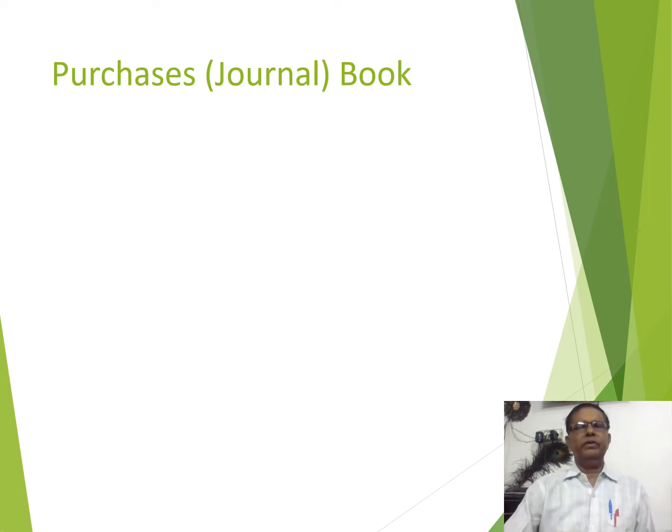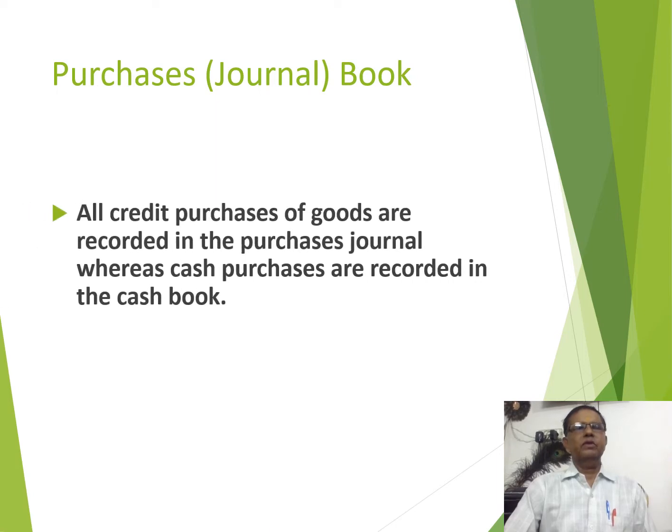Today we are again proceeding to the next part of our accounting basics, that is the purchase journal book. So all credit purchases of goods are recorded in the purchases journal, whereas all cash purchases are recorded in the cash book.